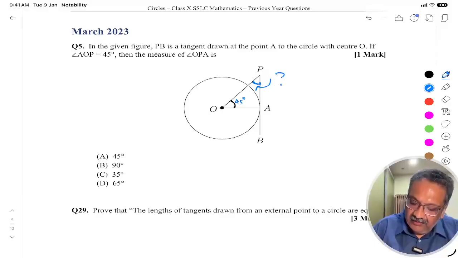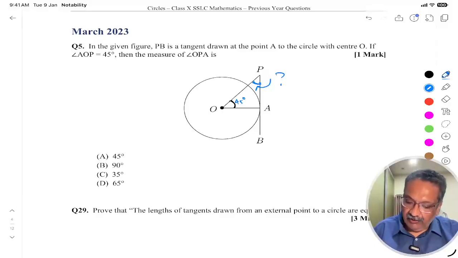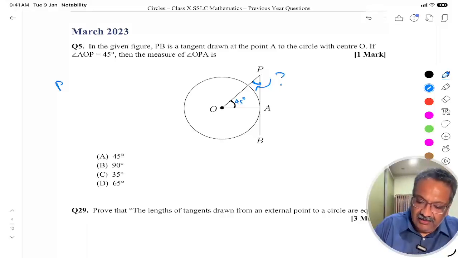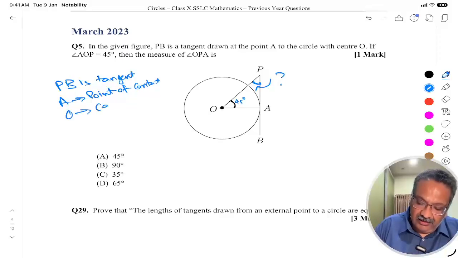Okay, simple question. See, we know that the tangent is perpendicular to the radius at the point of contact. So, we have PB is tangent, A is point of contact, O is center. Therefore, radius OA is perpendicular to PB.